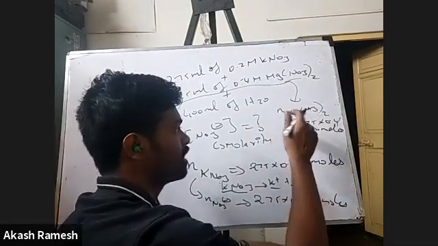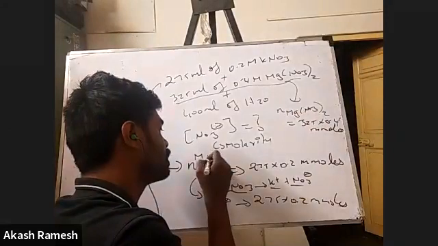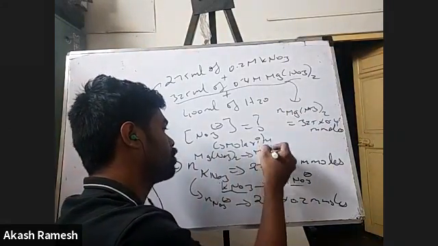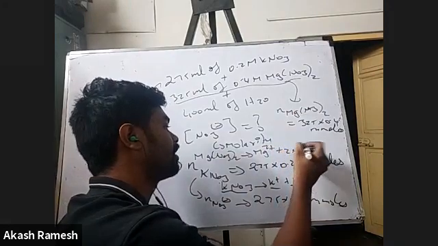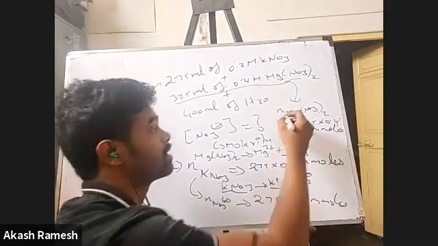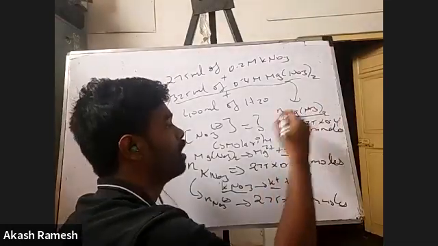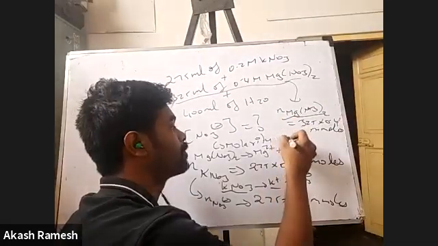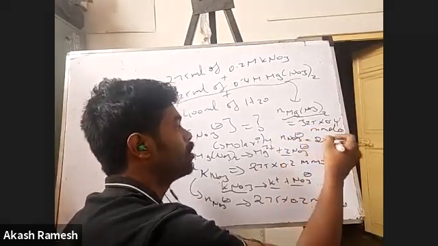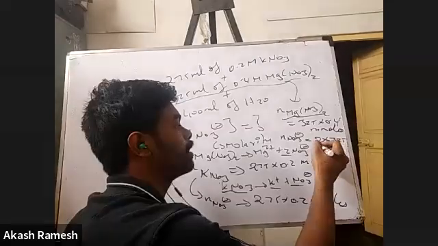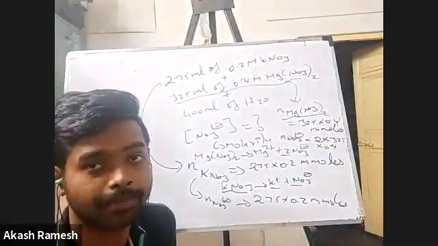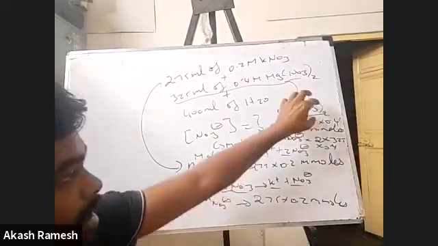But what you have to understand is that from 1 mole of Mg(NO3)2, I will get 1 mole of Mg2 plus and 2 moles of NO3 minus. So this is the number of moles of Mg(NO3)2, and if I have to calculate the number of moles of NO3 minus coming from this, it will be 2 into 325 into 0.4 millimoles.